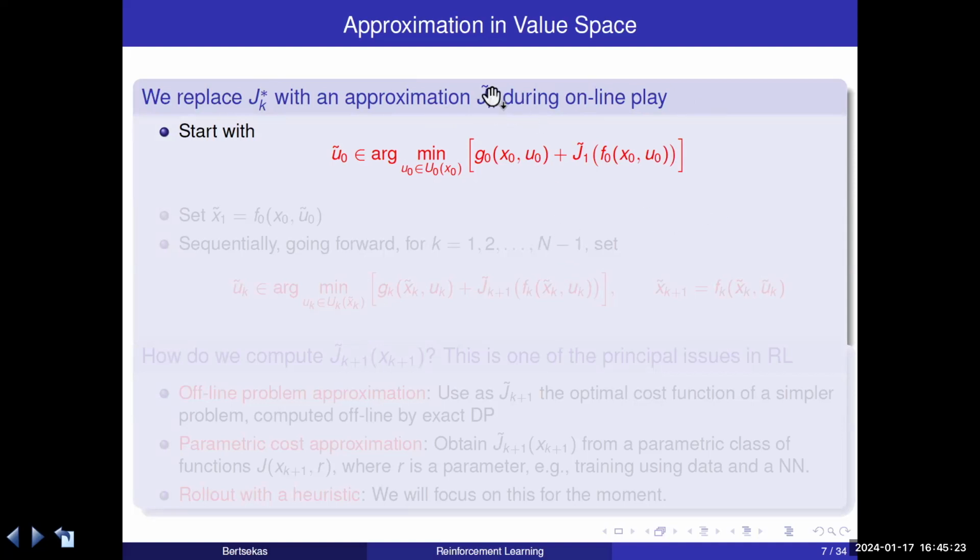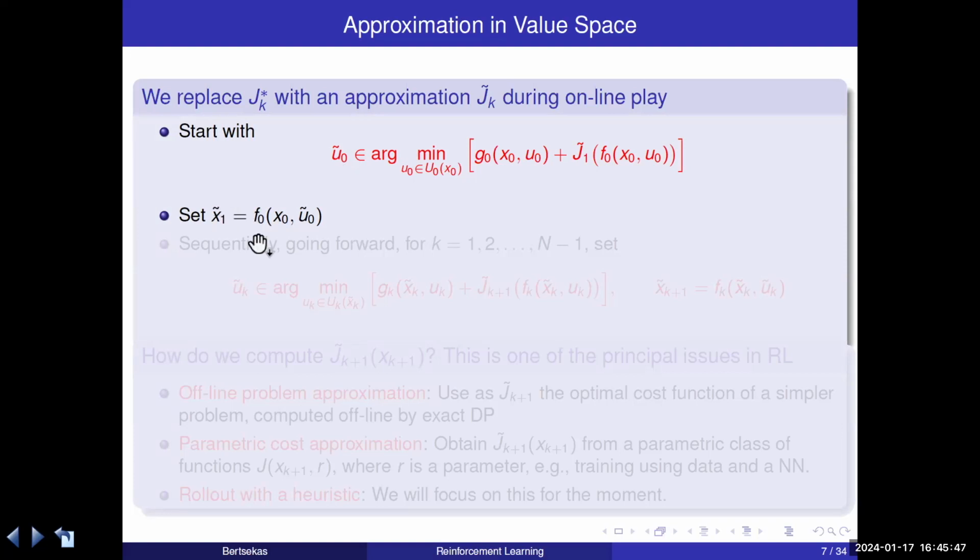However, we can use this J tilde during online play to generate a sequence of suboptimal controls. At time 0, we minimize in this expression to get U tilde 0, a control for the first stage. Then we get the state at the next stage, x1 tilde, according to this equation.